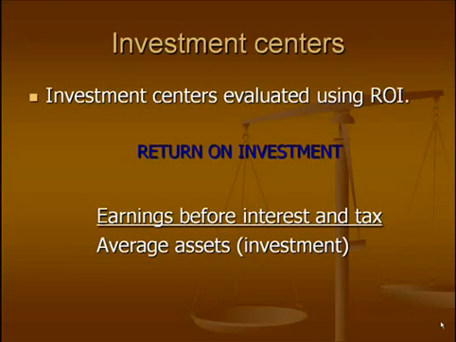When I say earnings, I'm talking about profit. So it could be profit before interest and tax. Earnings and profit are used synonymously. So earnings or profit before interest and tax divided by average assets, which is also called investment. The terms average assets and investment are also used in accounting textbooks, synonymously.